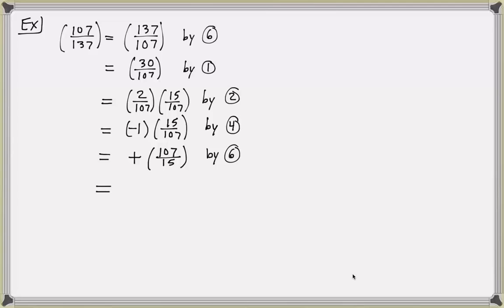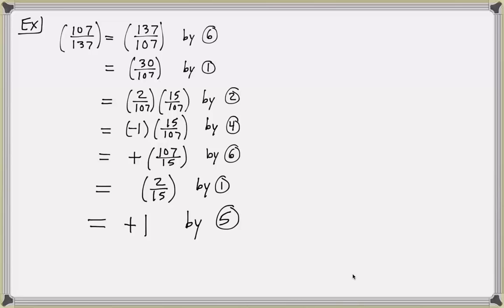In reducing mod 15, I get this is 2 over 15 by property 1. And the Jacobi symbol 2 over 15 equals 1 by formula 5 for the Jacobi symbol.